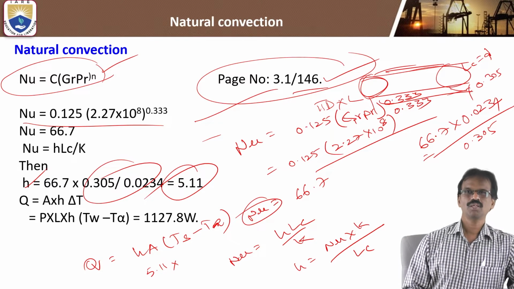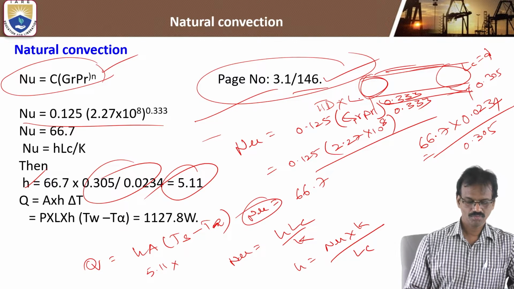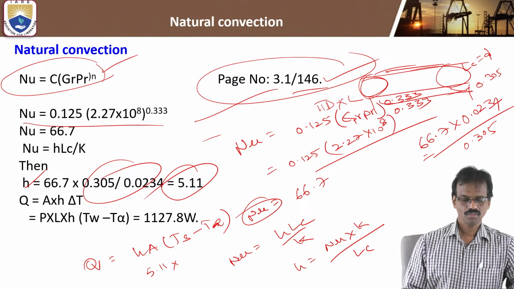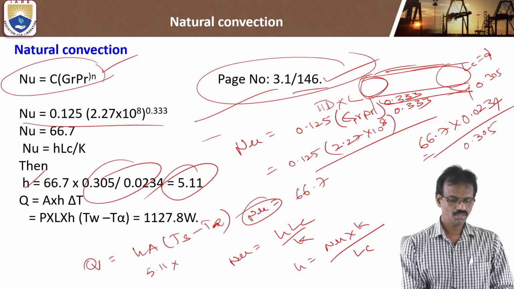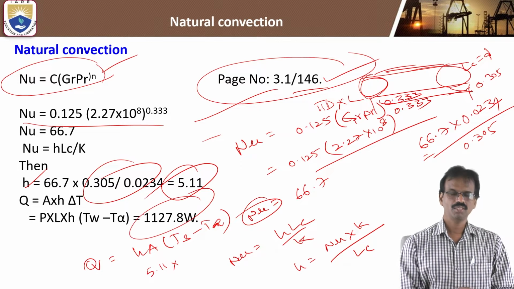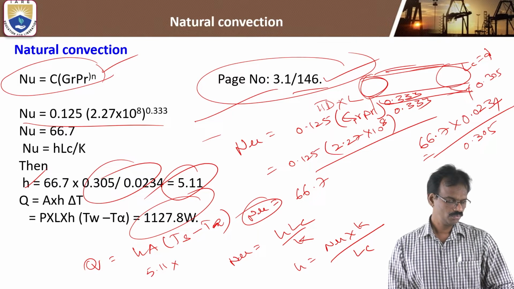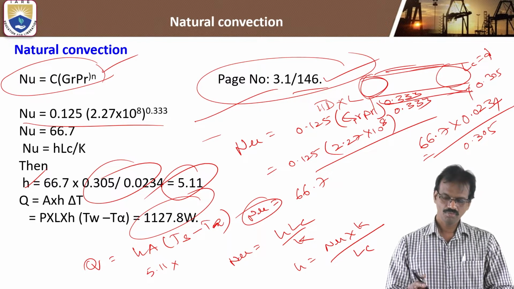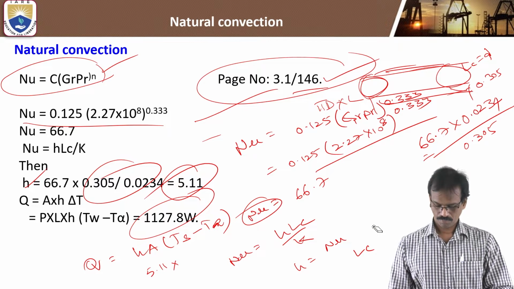If you substitute the values, the diameter, pi d, and the length also given, and the h value, you will get the final value, the rate of heat transfer, that is 1127.8 watts. In this way, we can solve the numericals.